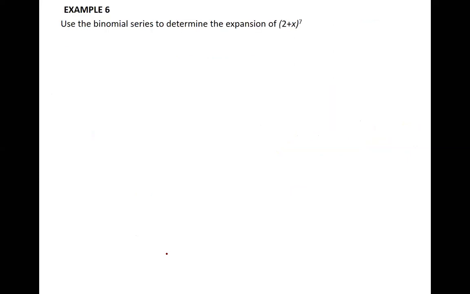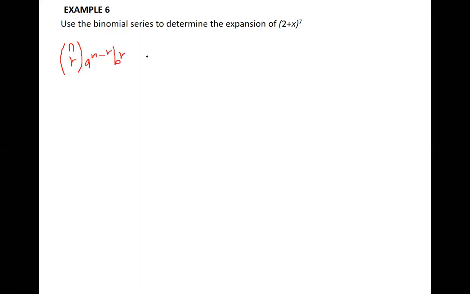So we have another example. Use the binomial series to determine the expansion of (2 + x) to the power 7. This one is also straightforward. You first have to write your formula for the binomial expansion, which is n choose r, then your a to the n minus r, then your b to the r.